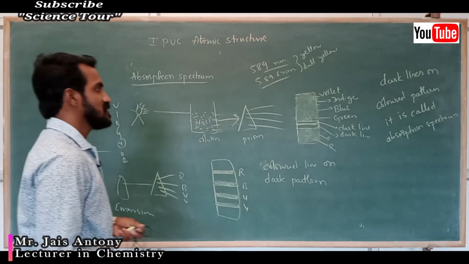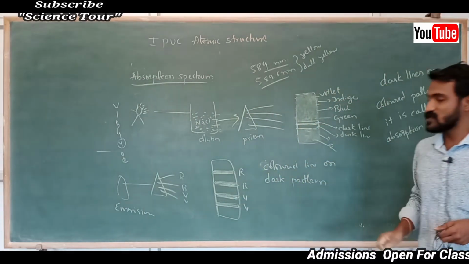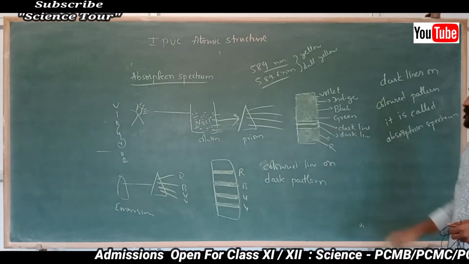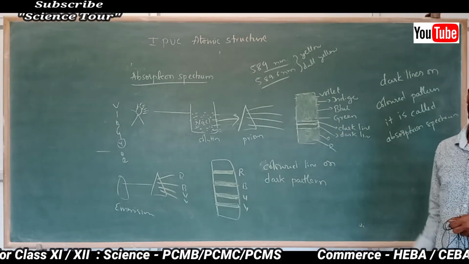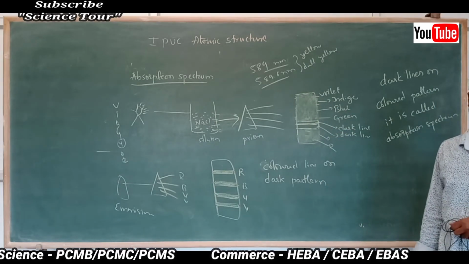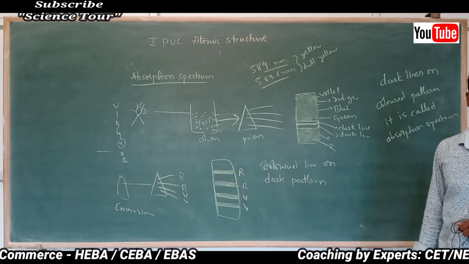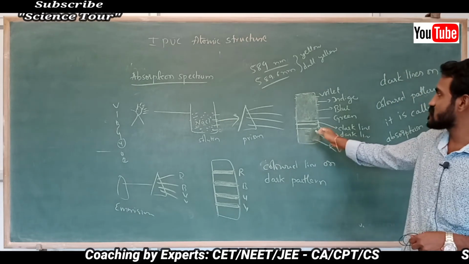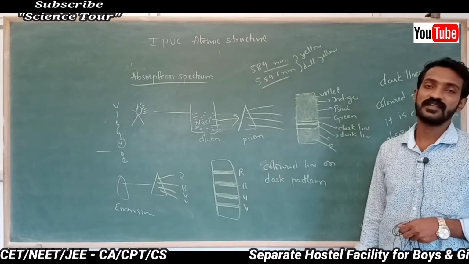Clear? Now you can easily differentiate what is absorption spectrum. Dark lines on colored pattern, because everything is colored, only two spaces are given, and those two spaces have no color, they are dark lines because that is absorbed by sodium chloride solution. So absorption gives dark lines on colored pattern.